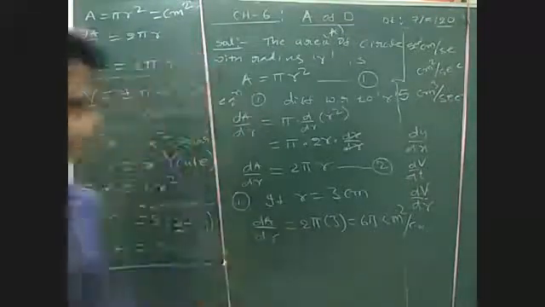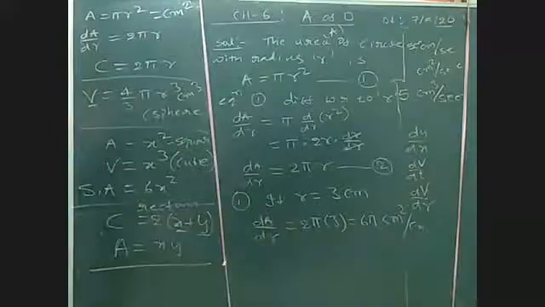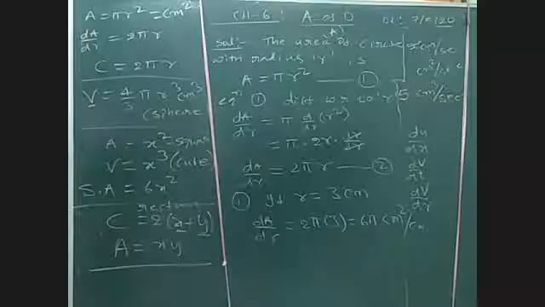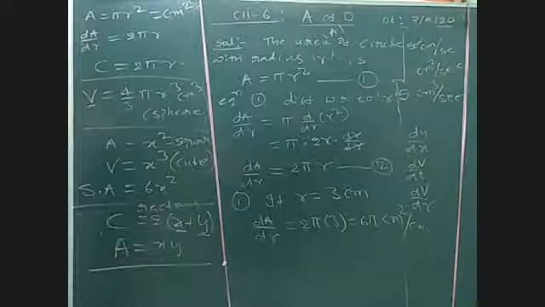Okay, in the same way do the second one. What we will write finally: the area of the circle is changing at the rate of 6 pi centimeters square by centimeter.